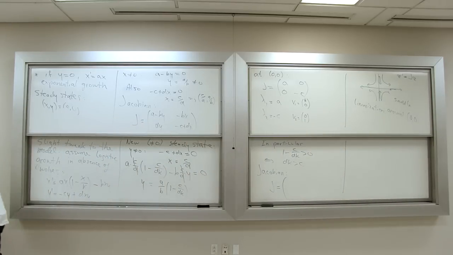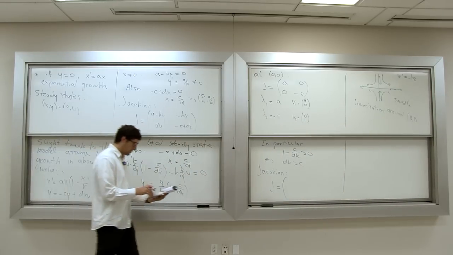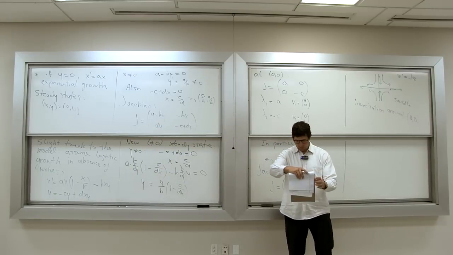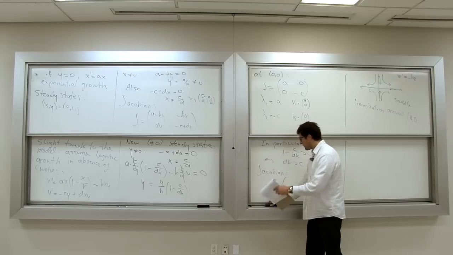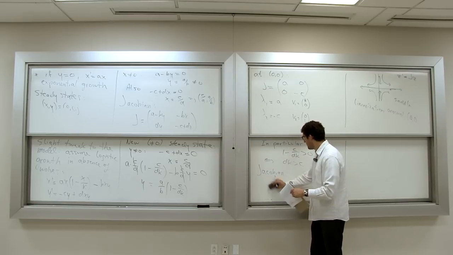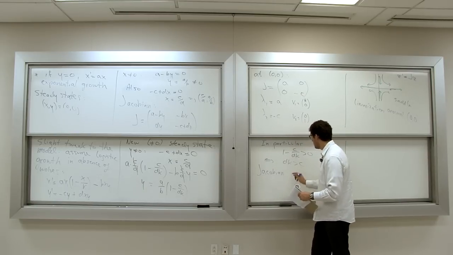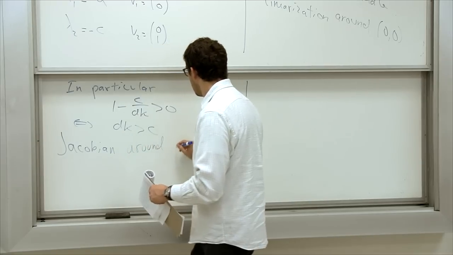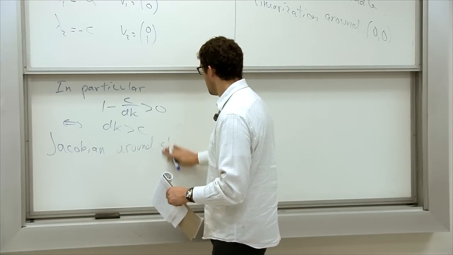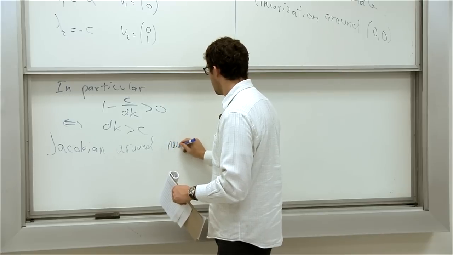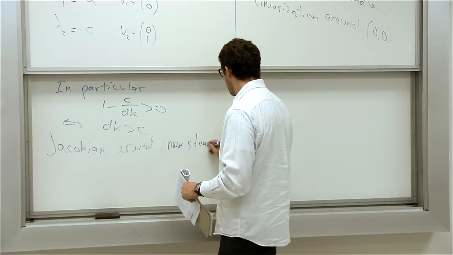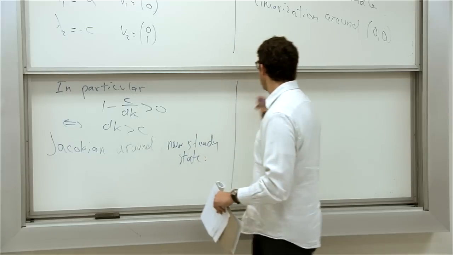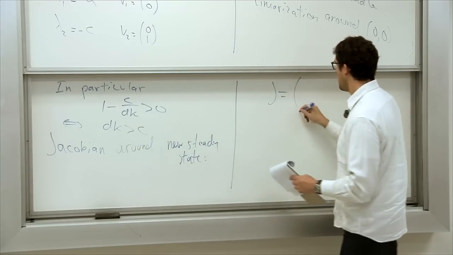I mean, we could compute the Jacobian, but let me save some time. You can compute the Jacobian around the new steady state, and I'm just going to write it down.